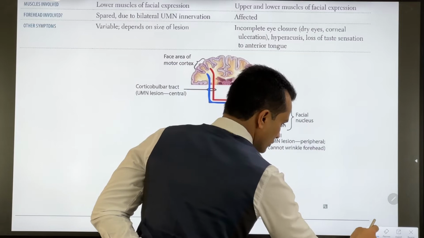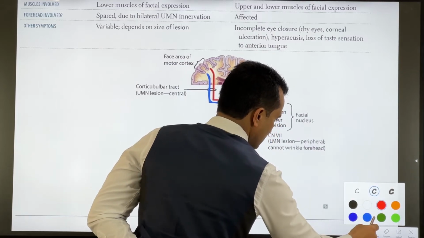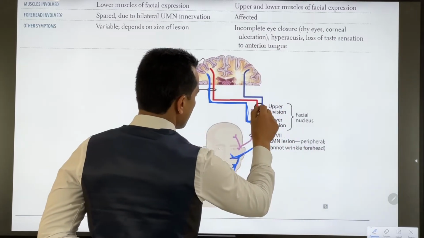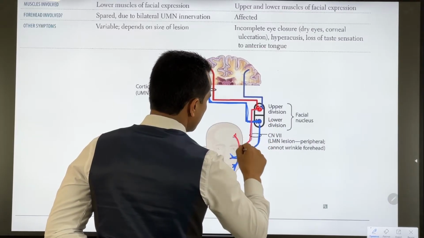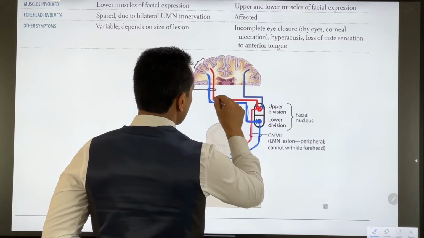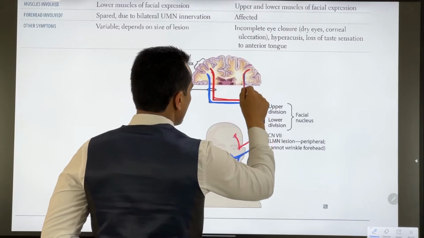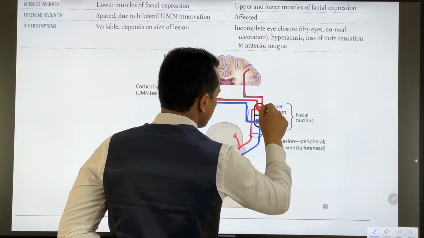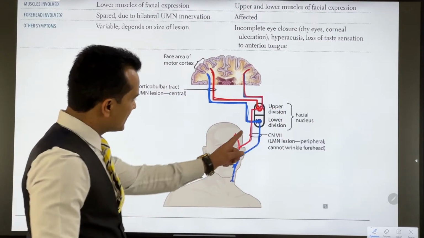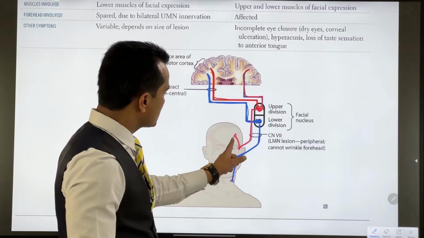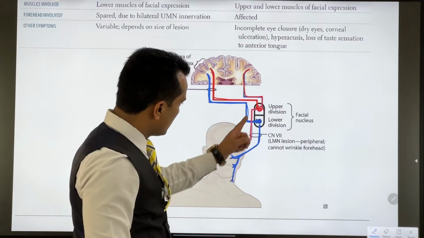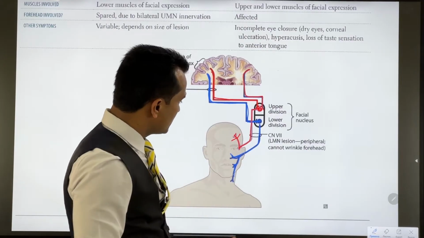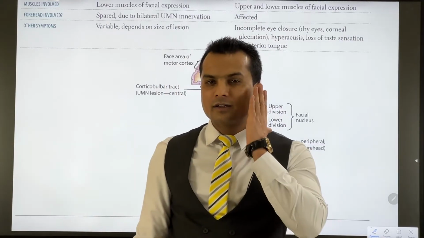But in case of the forehead, here you can see that this is the innervation to your forehead. So the forehead has bilateral upper motor neuron innervation, and the lower face is innervated by only one side.